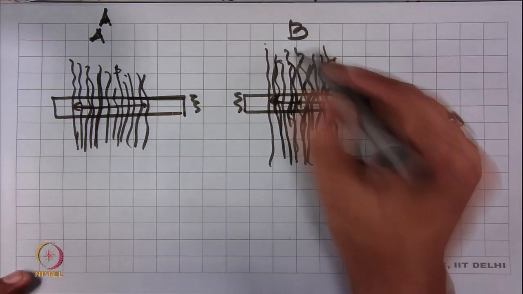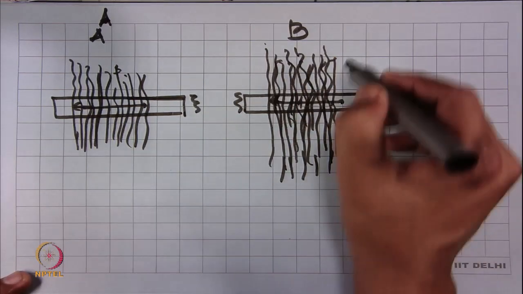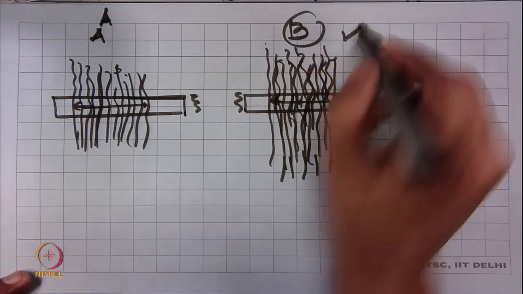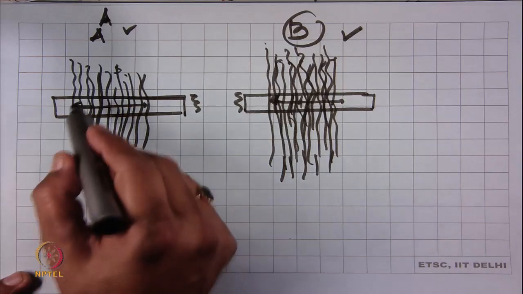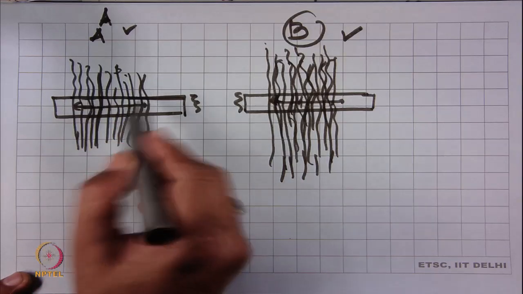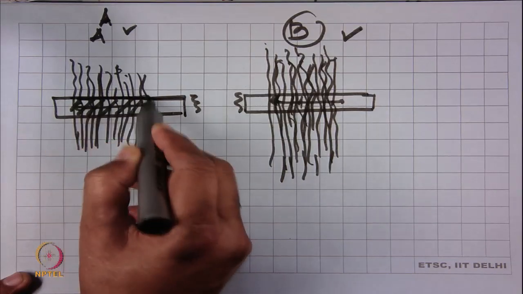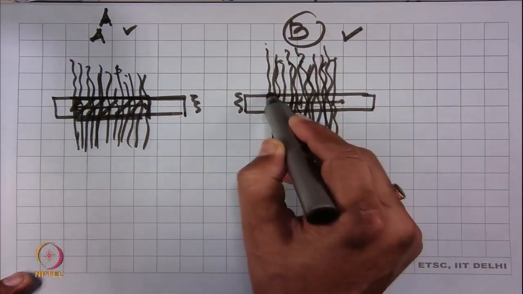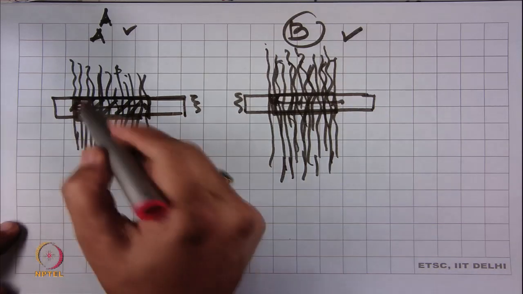Now, which one is longer? Apparently B is longer, A is smaller. If we cut and take only the clamped mass of these two fibers, we are interested only in the clamped mass.